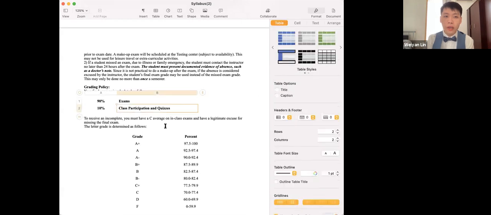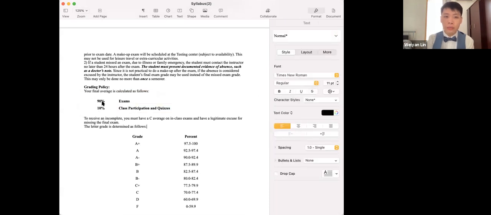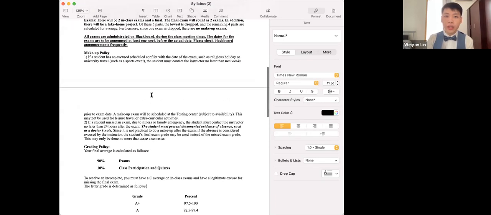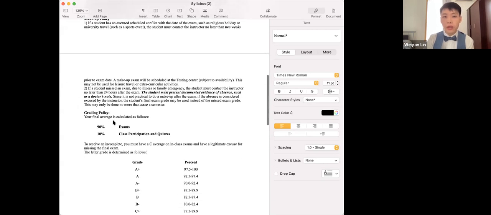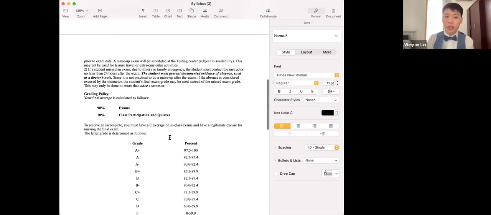So the grading is 90% on exams. Basically, what you get on average on the exam, dropping one lowest exam grade, counts for 90% of your grade. The other 10% is from class participation and quizzes.